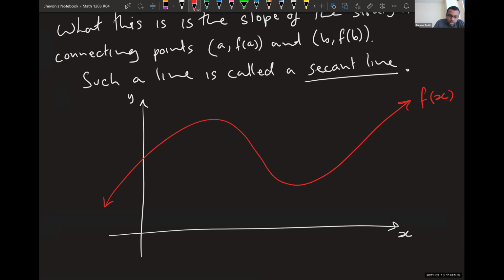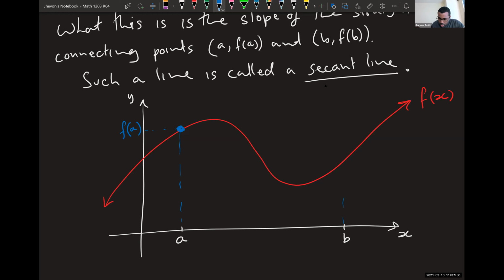And let's say A is somewhere here, A, and B is somewhere over here, B. And my function is defined on that interval. So pretty much what I do is, well, here's a point here. That is f of A.